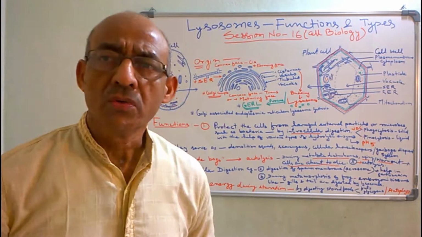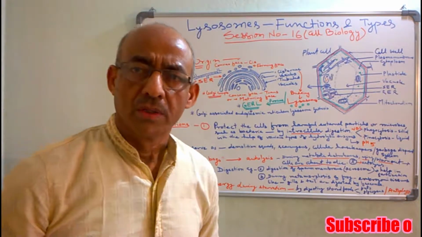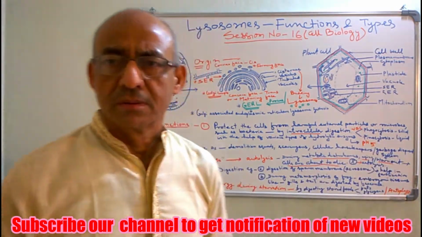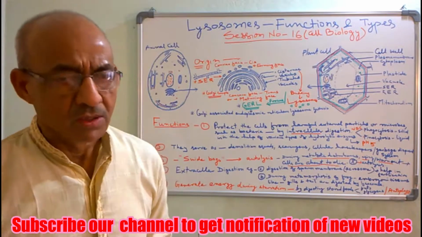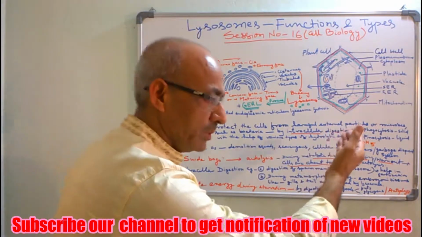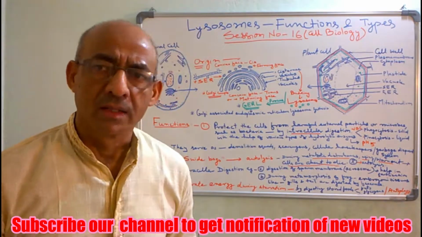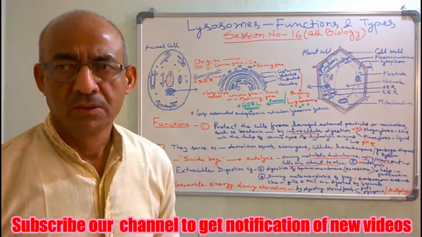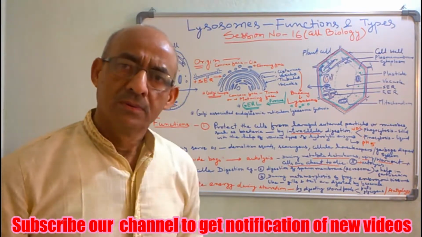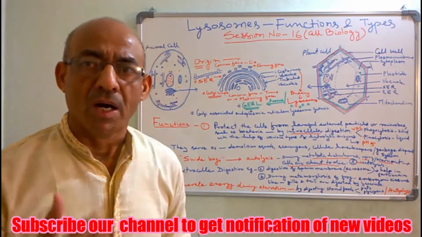pinocytosis. Do you know about phagocytosis or pinocytosis? Okay, I am explaining here. Phagocytosis is the process in which a cell or cell organelle like a lysosome, or a WBC, itself engulfs solid particles, solid foreign particles, solid microbes, with the help of body projections like the pseudopodia of the amoeba.